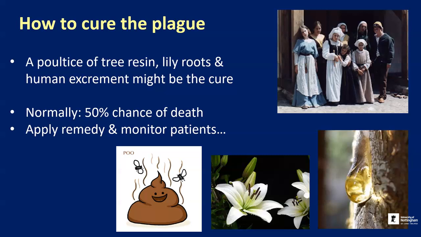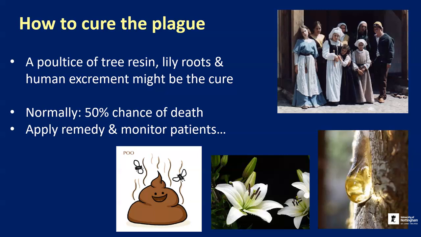I don't actually know what the chance was. If this was COVID, obviously the chance of death would be, luckily, rather lower, but still a problem. So let's imagine you've got a 50% chance of death, and what we want to know is whether this remedy that we're applying to patients as a poultice is any good, whether it helps them avoid that death that otherwise would happen 50% of the time.